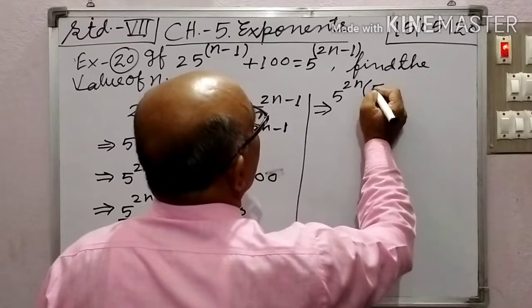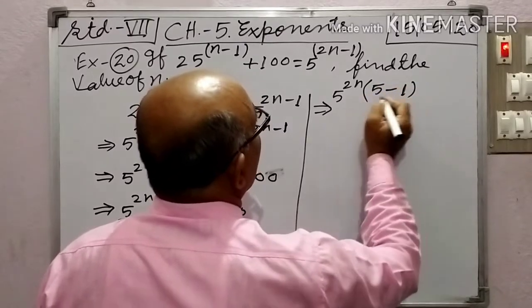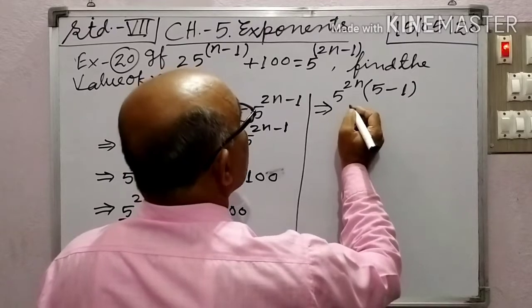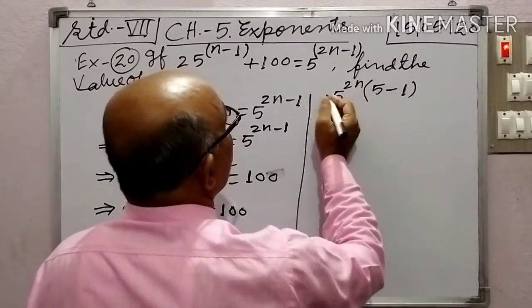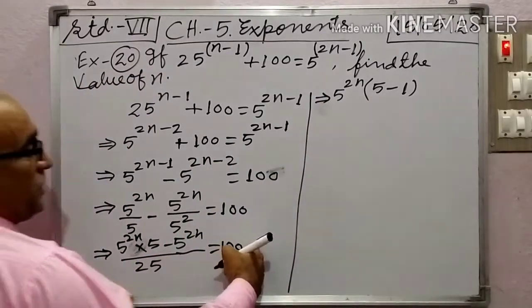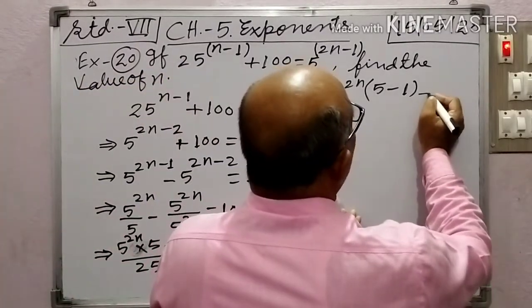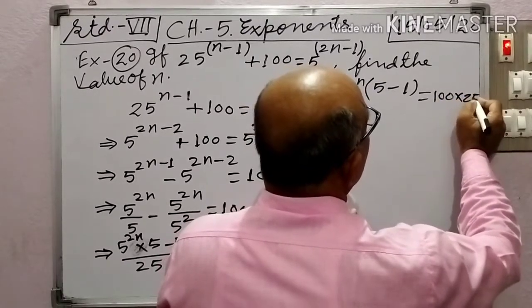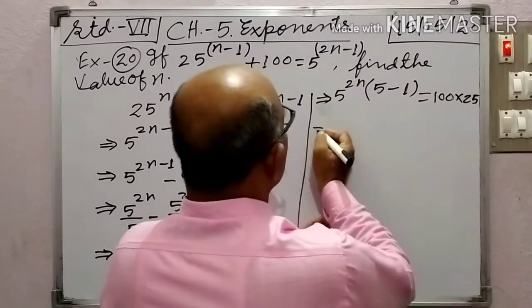So here 5 minus 1, and 25 by transposition changes into multiply. Equal to 100 into 25.